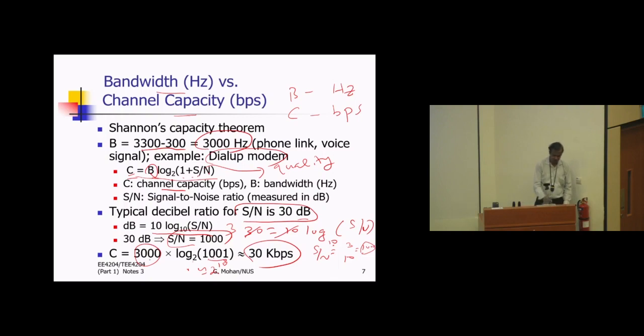So you can assume that bandwidth is 3000 hertz. But in practice, we generally allow up to 4000.